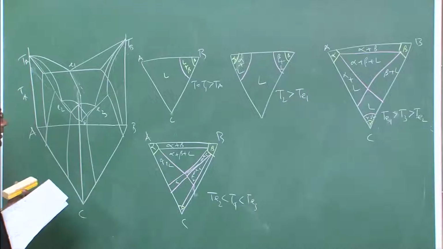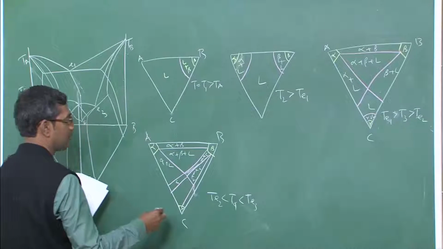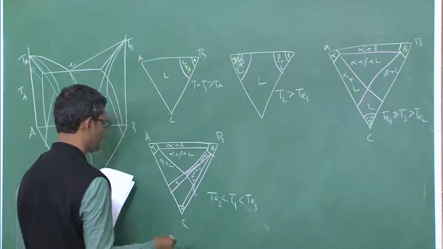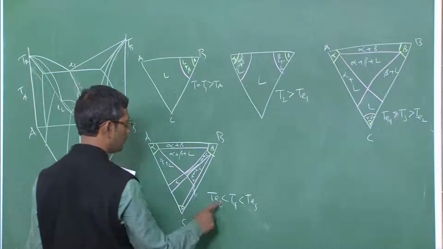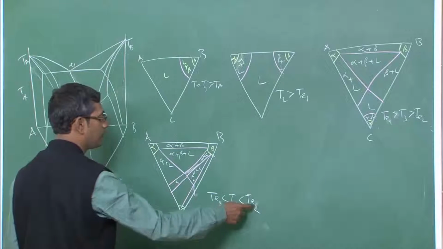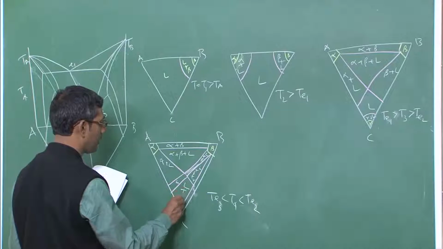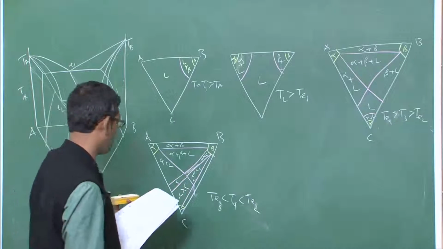Correct. The temperature is lower than T2, but higher than T3. Okay. Higher than T2, but lower than T3. And this is liquid plus gamma, that is the one.